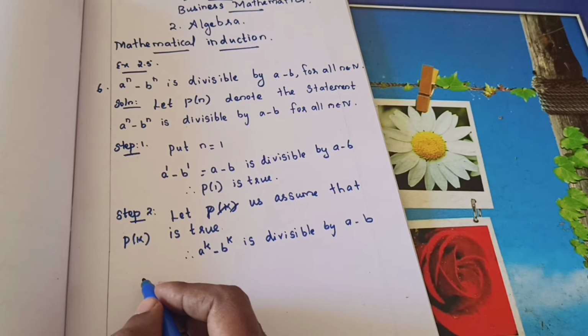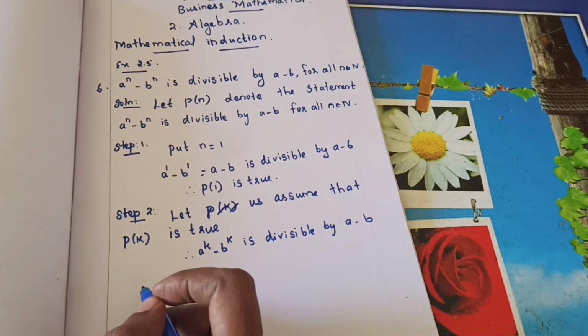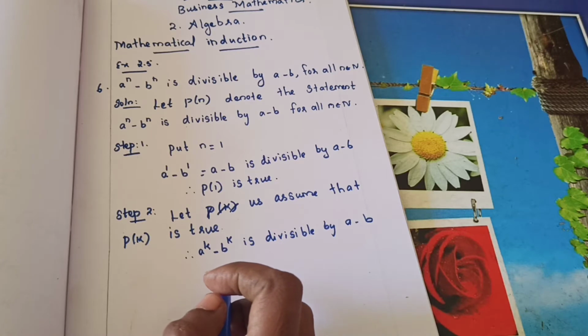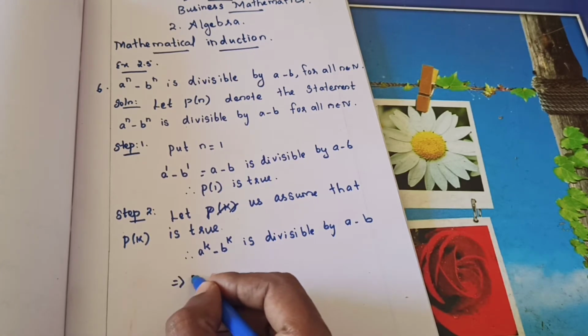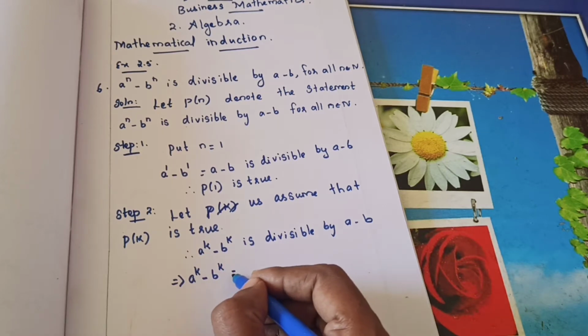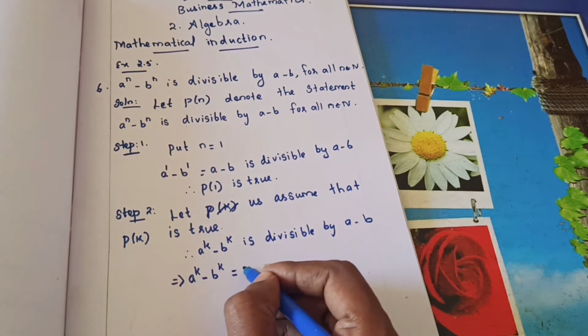Already I said, if it is divisible, what will you do? Anything, m into something. If it is divisible by 7, how will you write? 7 into m. If it is divisible by 5, how will you write? 5 into m. Same as that, if it is divisible by a minus b, then a power k minus b power k will be something into a minus b.